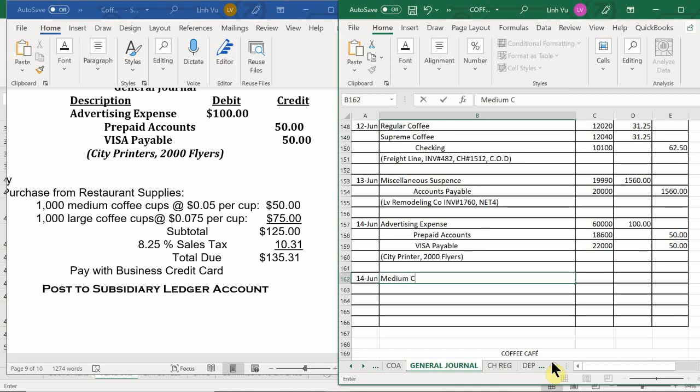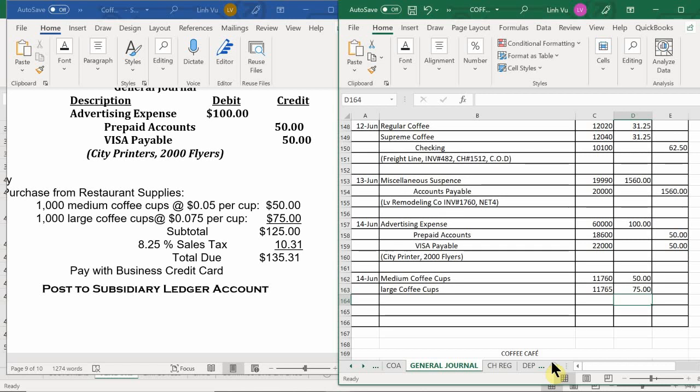So the medium coffee cup is $50, and we have large coffee cups for another $75. Sorry, $75. So what are you going to do with the tax?